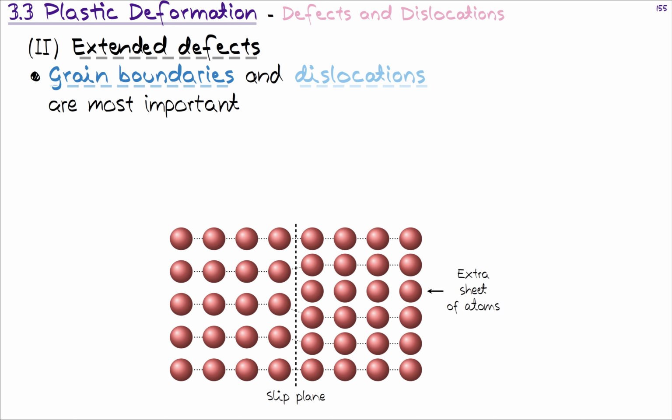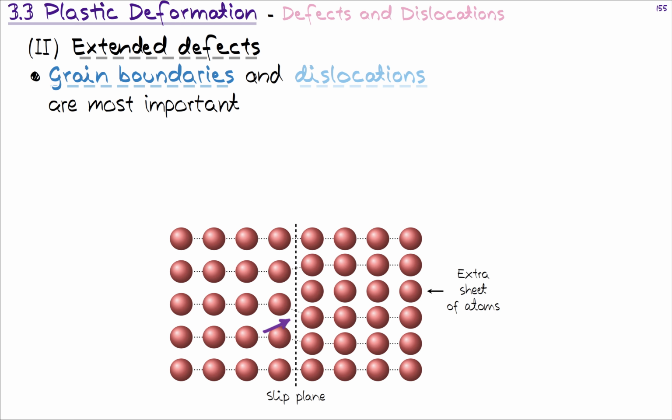Dislocation is another type, and we will be covering this here in more detail, and they are quite important. As shown in the figure, we actually have an extra sheet of atoms here, and this is causing a change in the atomic structure, in the crystalline structure of the material, and it's not a point-like defect anymore, but rather we have an extended defect here.